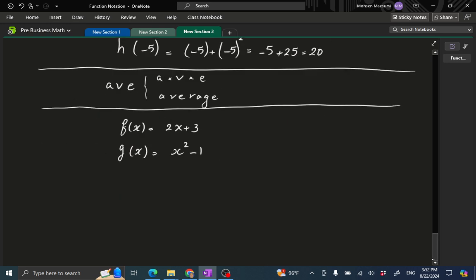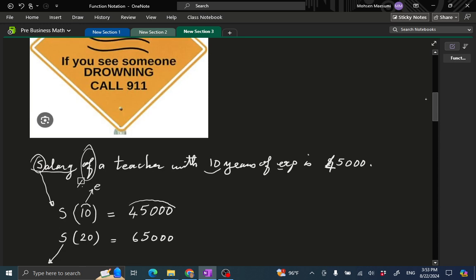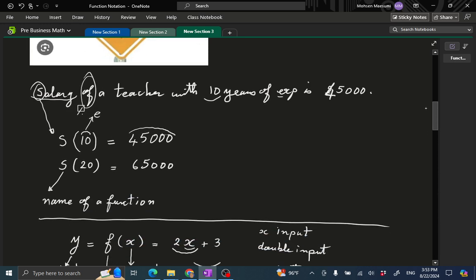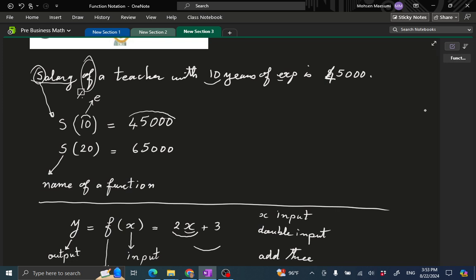Now functions, just like numbers, can be added, subtracted, multiplied, divided, and so on. So for example, in the context of this example we had with the teacher salaries, suppose we give some extra work or bonus, so we might have a bonus, and after 10 years maybe that bonus is $2,000.